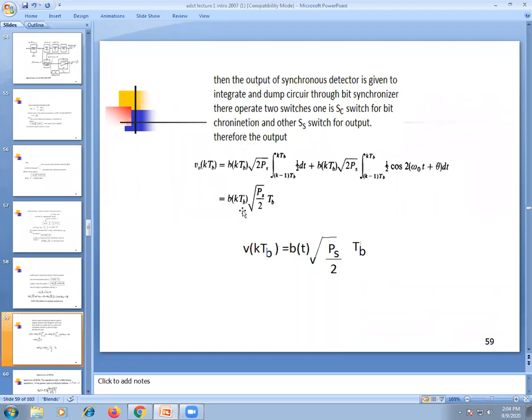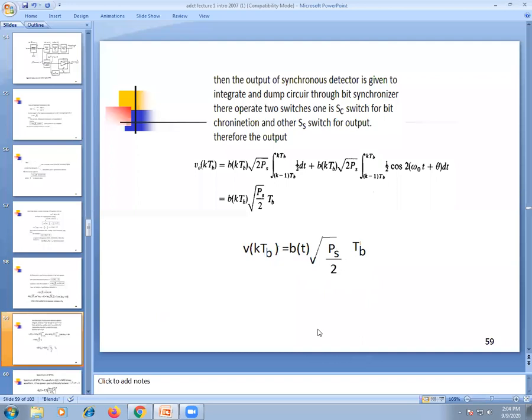After integration, this is b(kTb) root PS by 2 Tb, which is the output of the BPSK receiver. So the output is the received b(t) signal, but the magnitude is root 2PS by 2, where Tb is the bit duration.